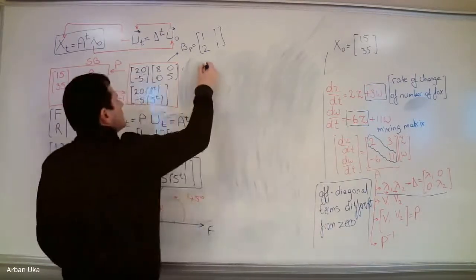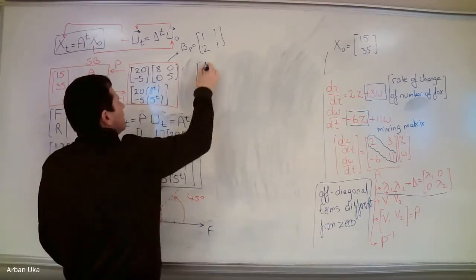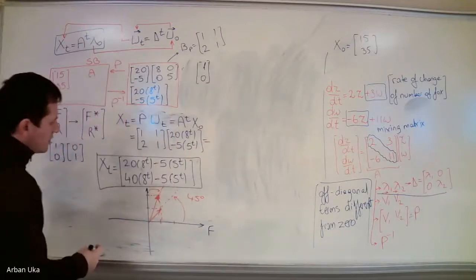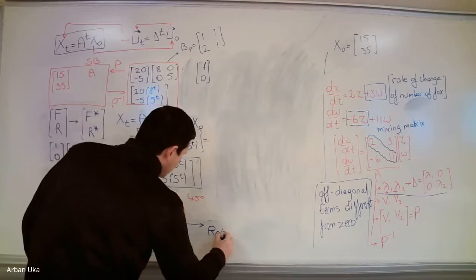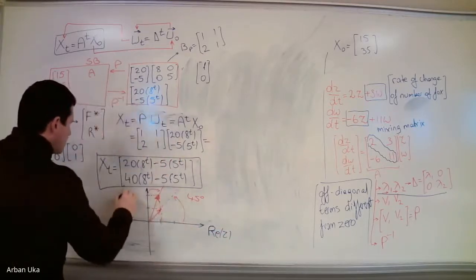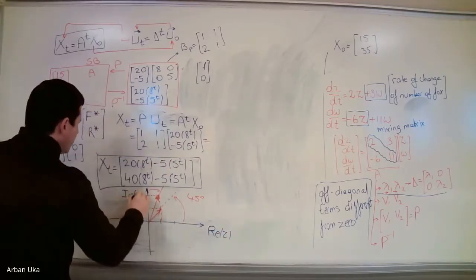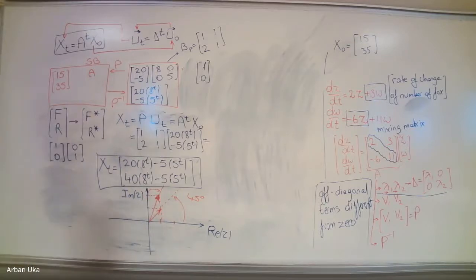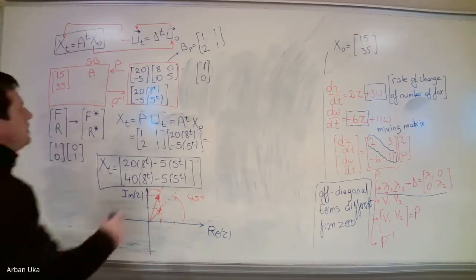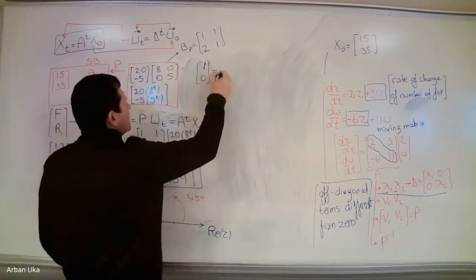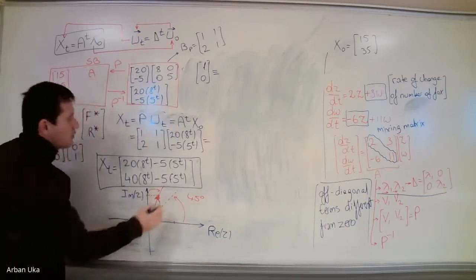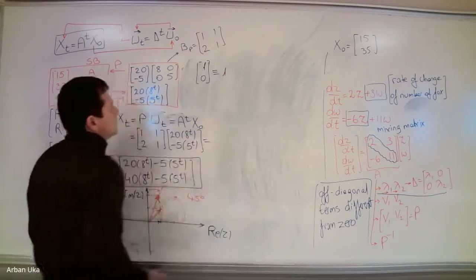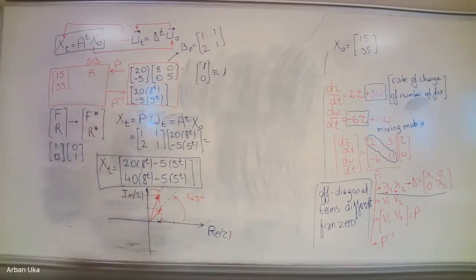If this is shown in a graph where this would be the real part of any complex number, and this would be the imaginary part, then (1, 0) is equivalent to this number, which would be simply 1.